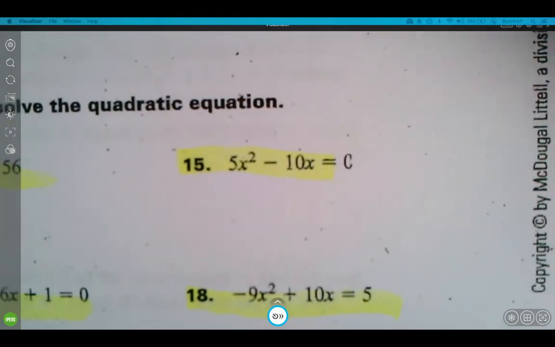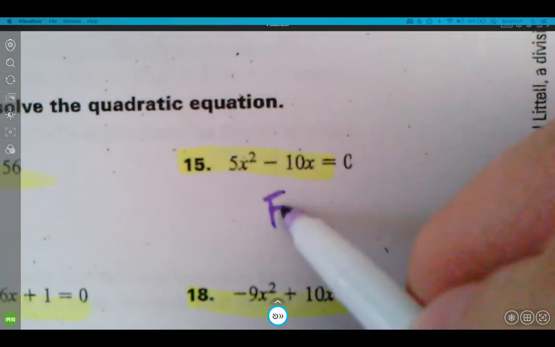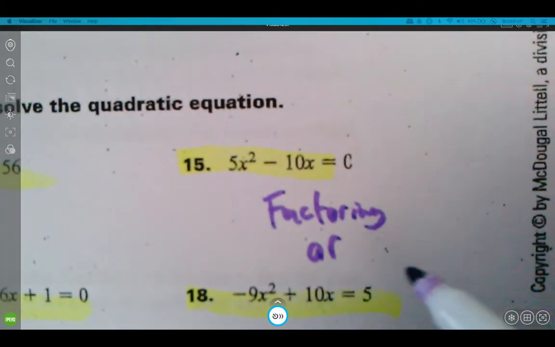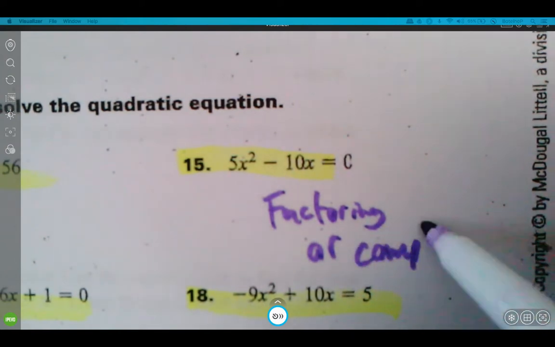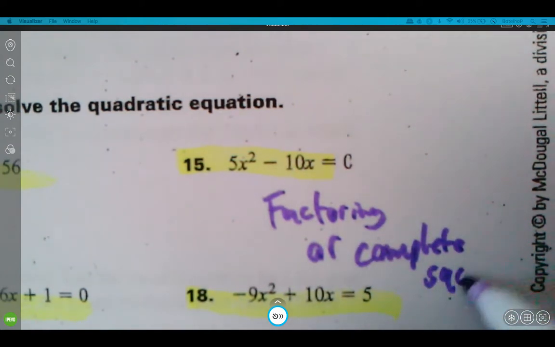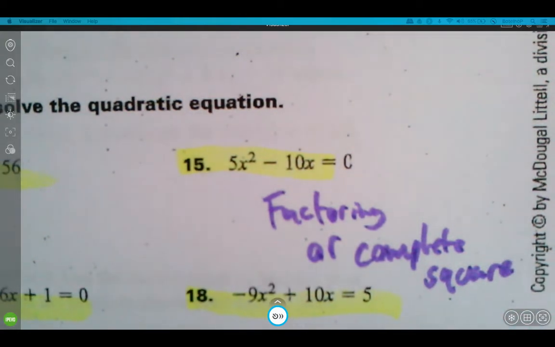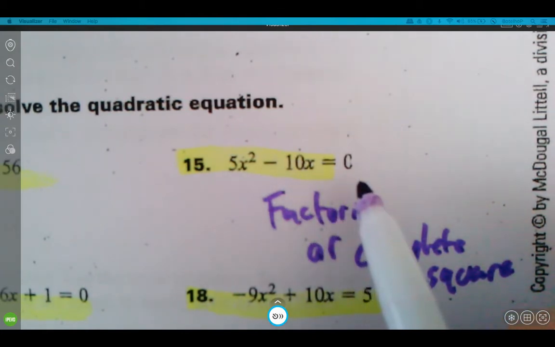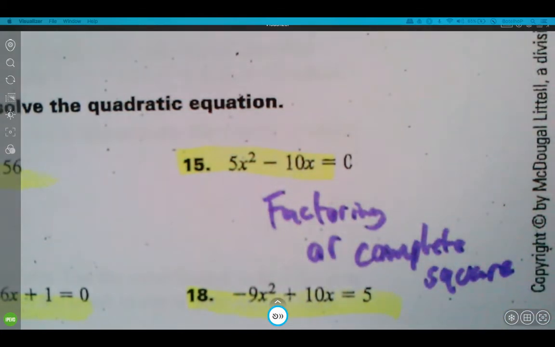Here, I would do either factoring or complete the square. It's already set up for that. You could just take that squared and divide by 2. And actually, you know what? I take it back.